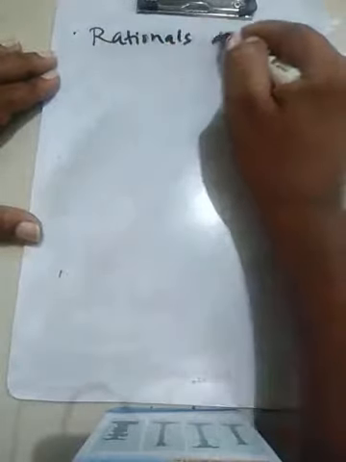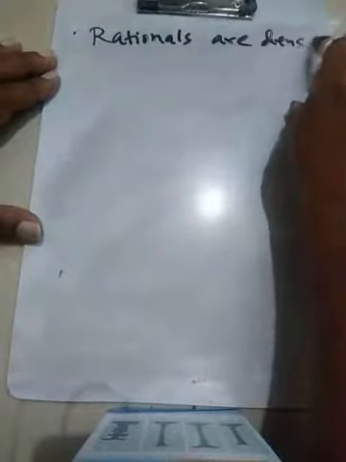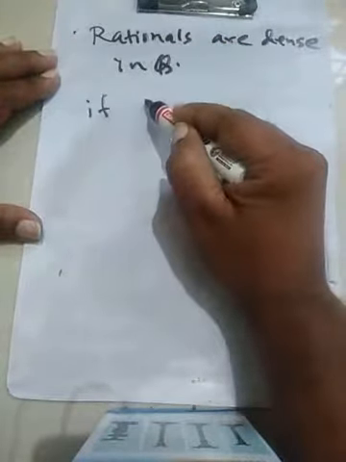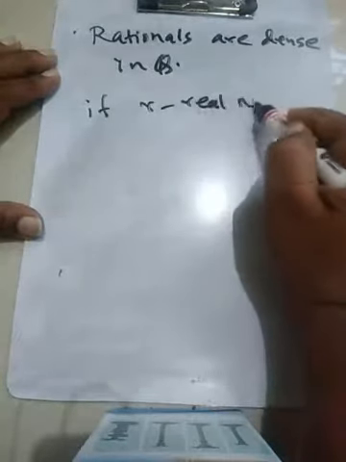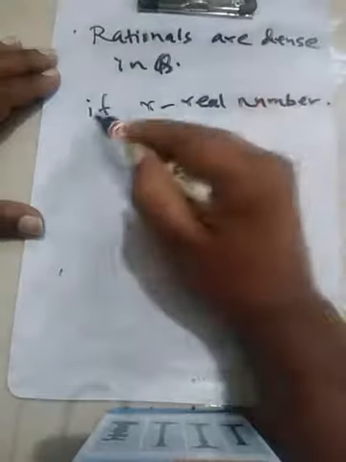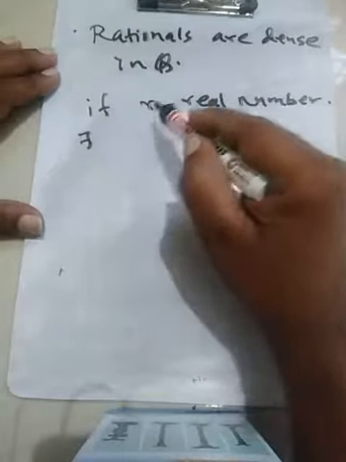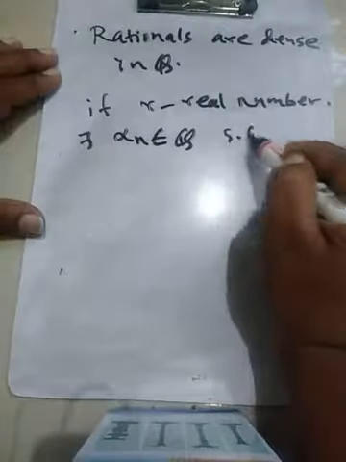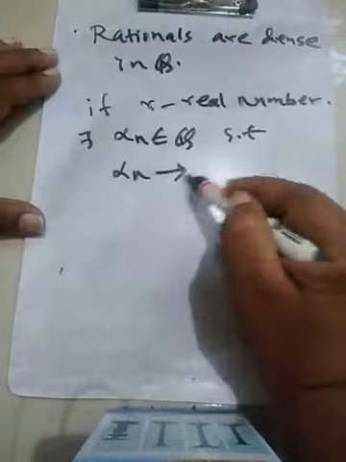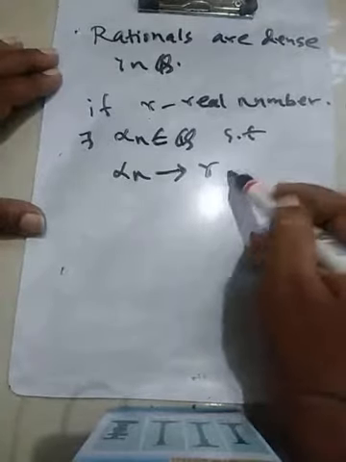Now we'll use a fact. Rationals are dense in R. So if r is any real number, there exists a sequence alpha n such that alpha n converges to r.